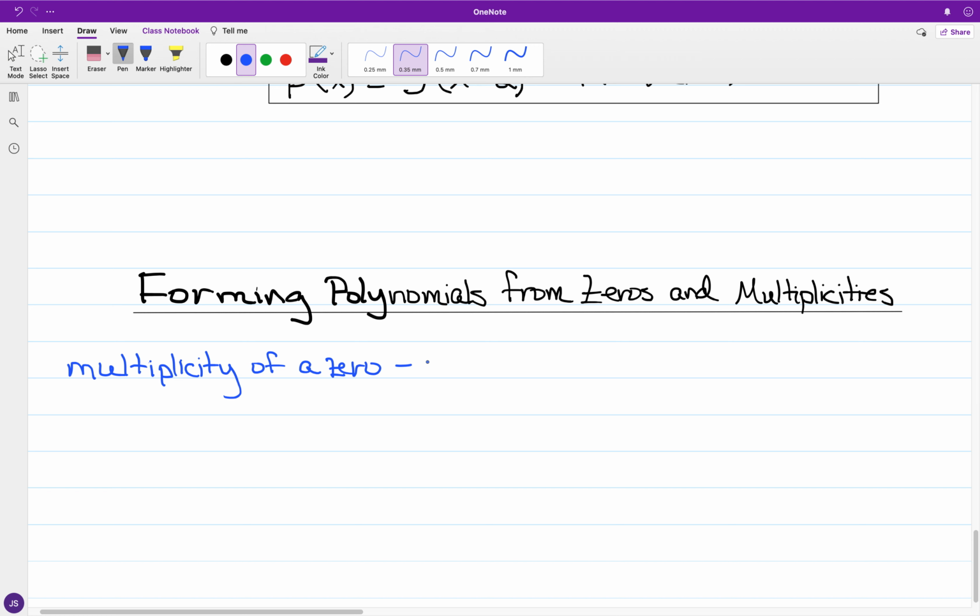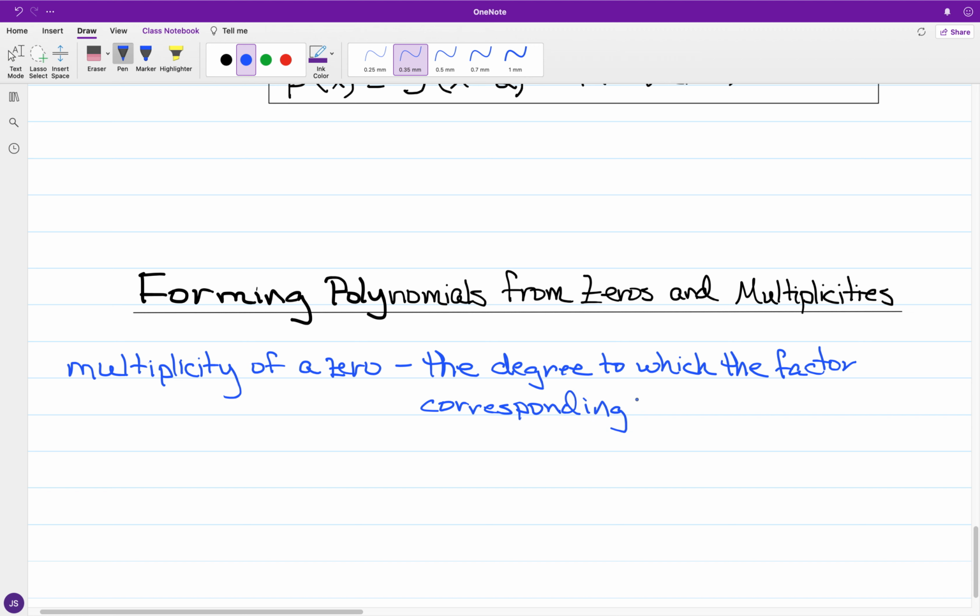And the multiplicity of a zero is going to be the degree to which the factor corresponding to that zero is raised when the function f of x is expressed in factored form.